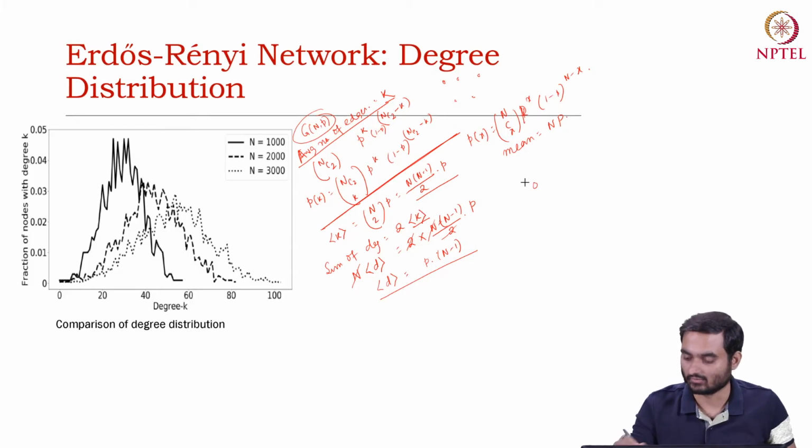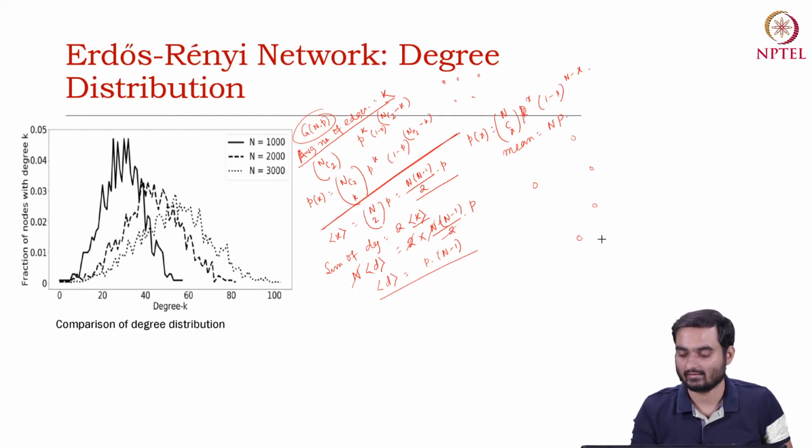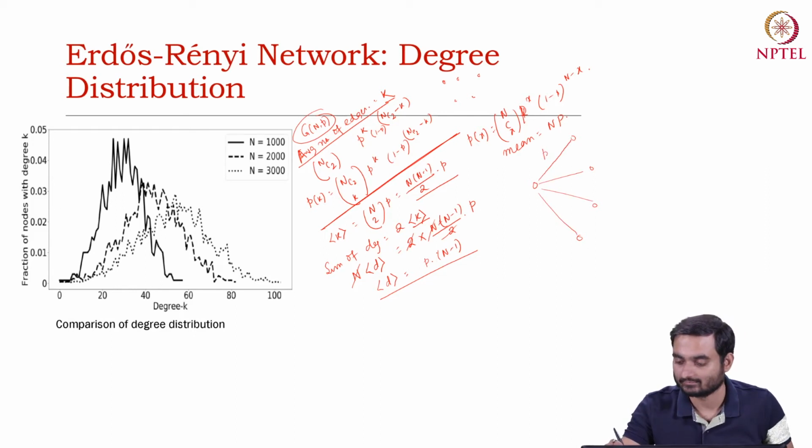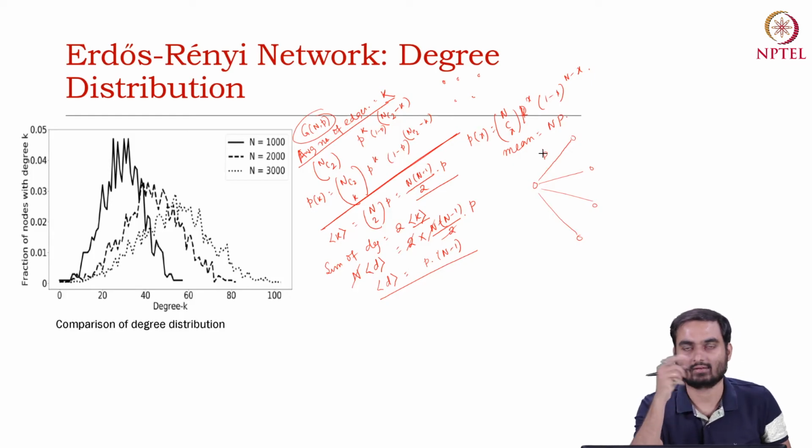Think of a node. A node can have n minus 1 possible nodes with which it can connect, and for each of these n minus 1 pairs there is a probability p of connection.